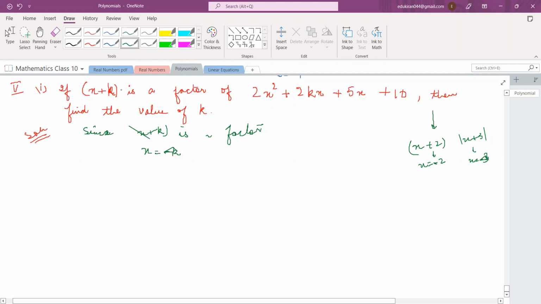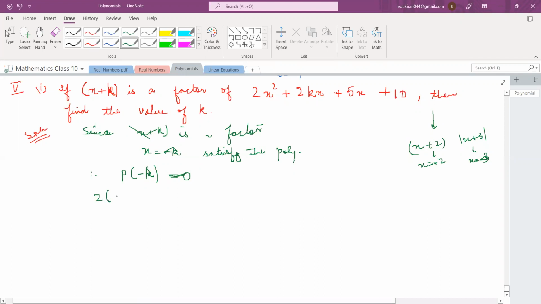So similarly, x plus k is a factor, so that means x is equal to minus k is going to satisfy the polynomial. Satisfy means that at this particular value of x, the polynomial will give you the value 0. So put x is equal to minus k in the polynomial.